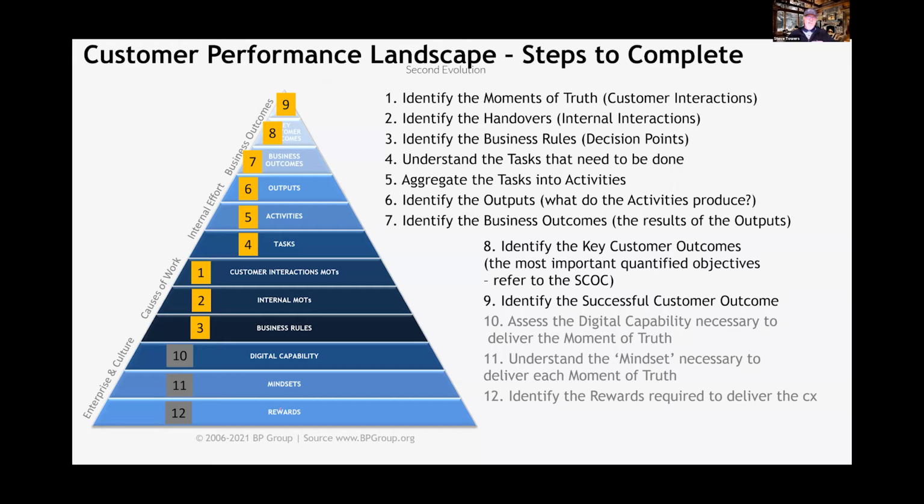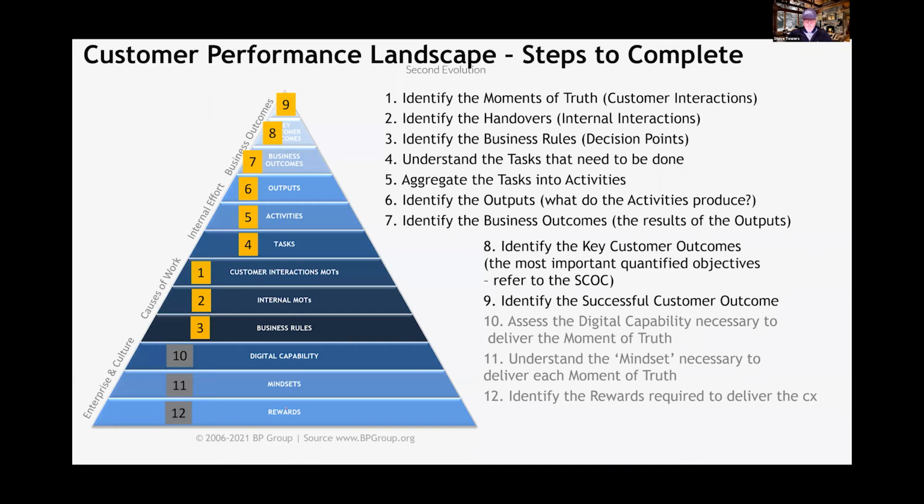If you come back and do the champions subsequently, or do one of our other programs, you'll hear us talking about digital capability, creating the right mindsets, and then how we underpin those with the right rewards. So I'm just asking you to do boxes 1 to 9 for the example you'll be doing on the outside-in strategic matrix, the SCOC, and the North Star alignment template. If you've got that, I'll understand, you understand, and we can go forward from there.